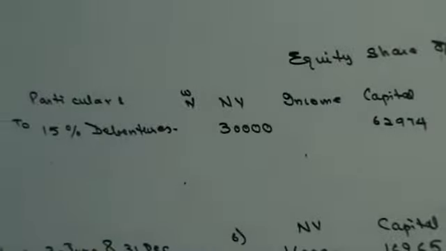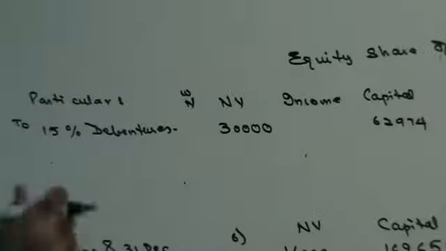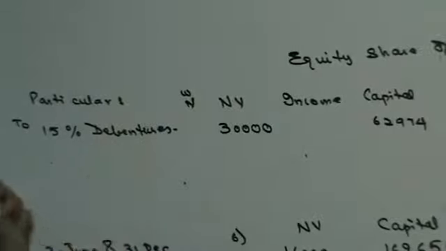Let's start tallying. Before tallying, let's find this out. What else have they done? The market value of the debenture on 31st March. Let's calculate the interest. We paid the interest, so we'll have to tally this account.